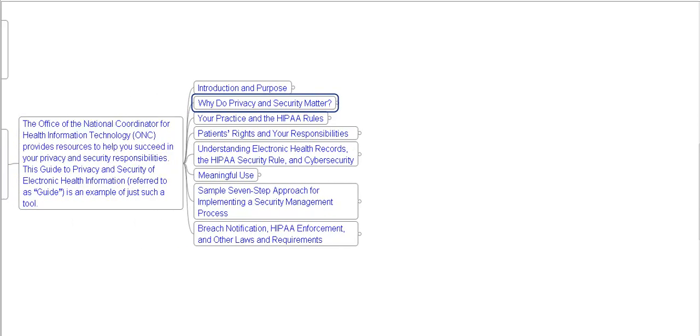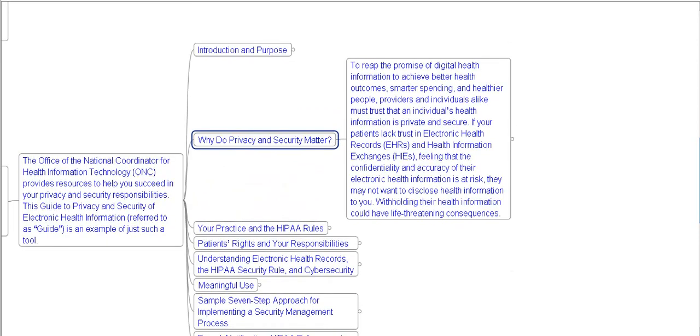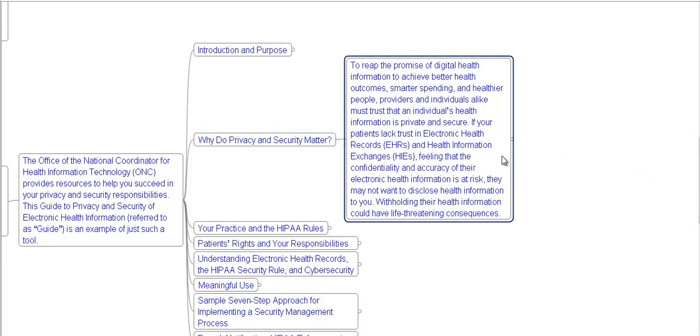Now let's see, why do privacy and security matter? The promises of digital health information to achieve better health outcomes, smarter spending, and healthier people depend on providers and individuals alike trusting that individual health information is private and secure.